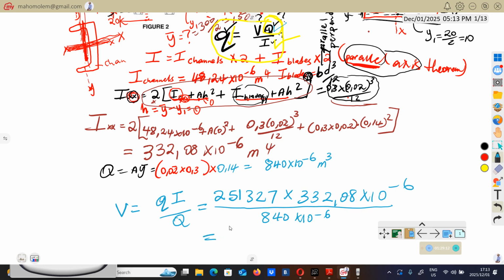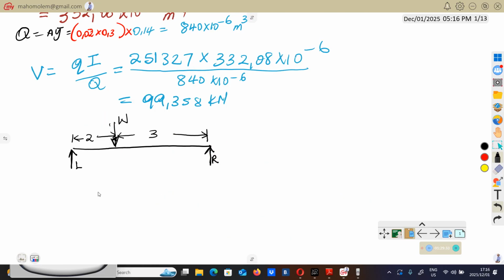Then V, which is the shear force, will be equals to 99. So that is V.